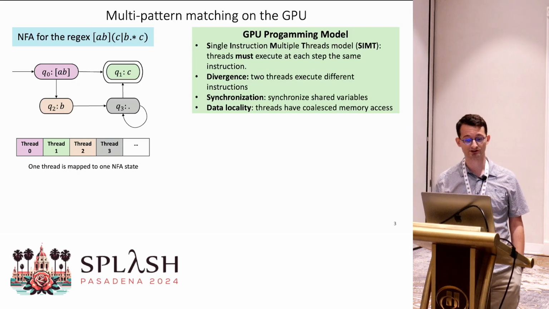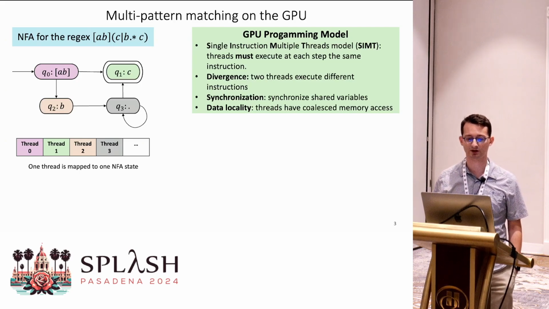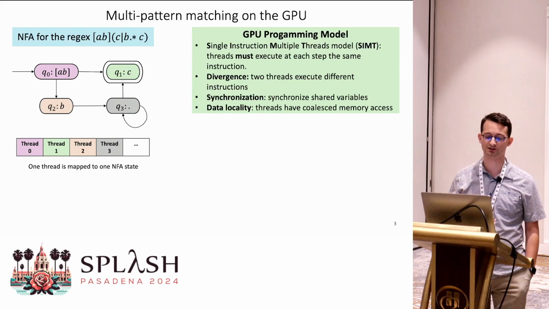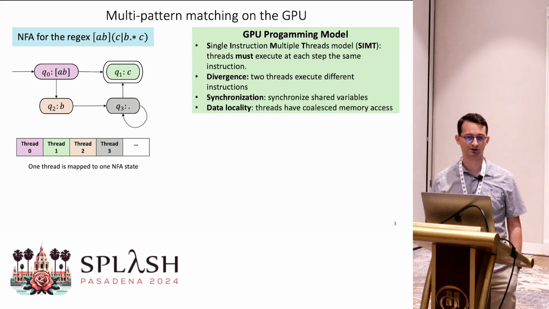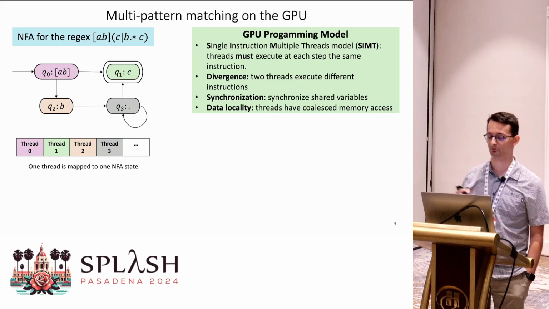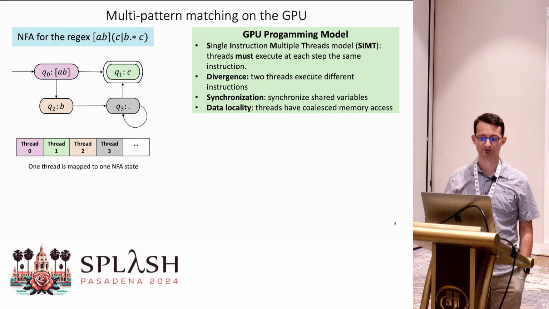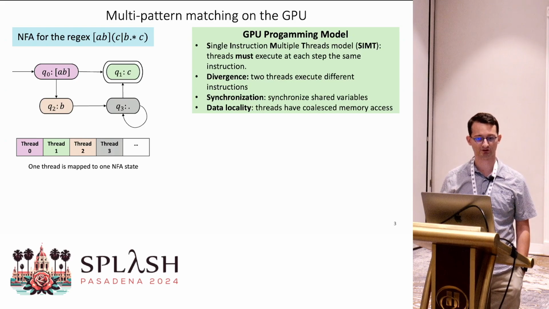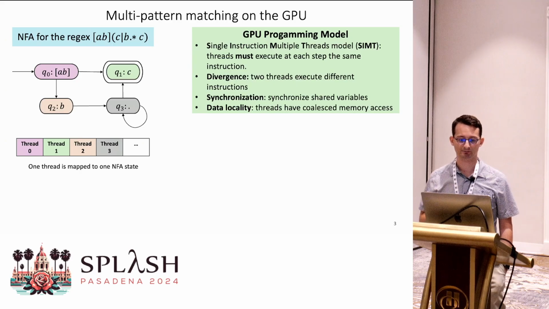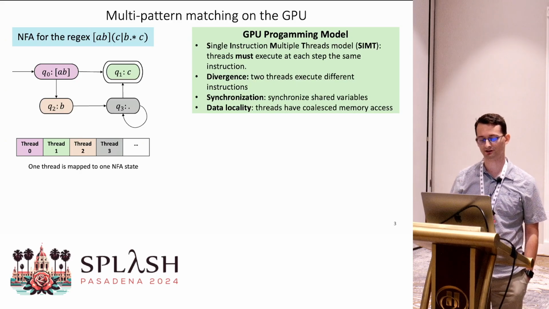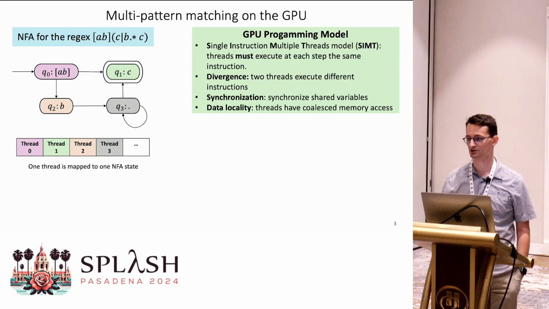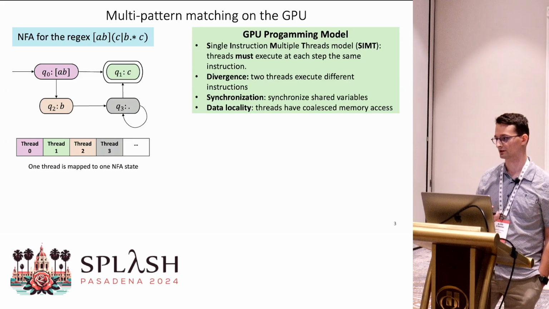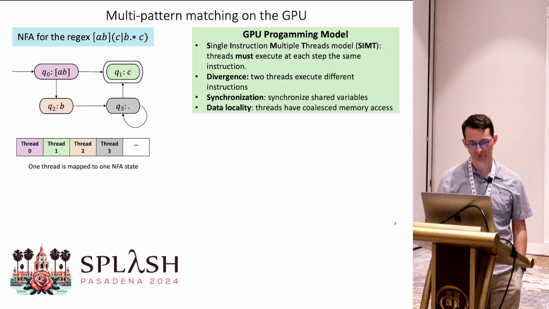The first one is called divergence, because sometimes you may have two threads that are going to execute different instructions. Another is that when threads must communicate, you have to synchronize their shared variables to have a consistent value. Another thing to keep in mind is data locality, because you would like threads to have coalesced memory access to use the cache instead of the much slower global memory.